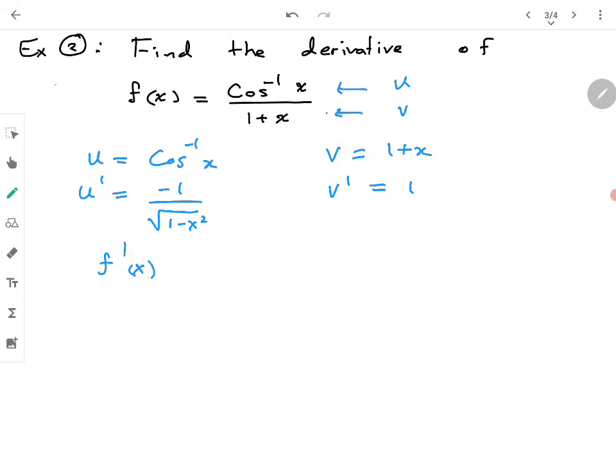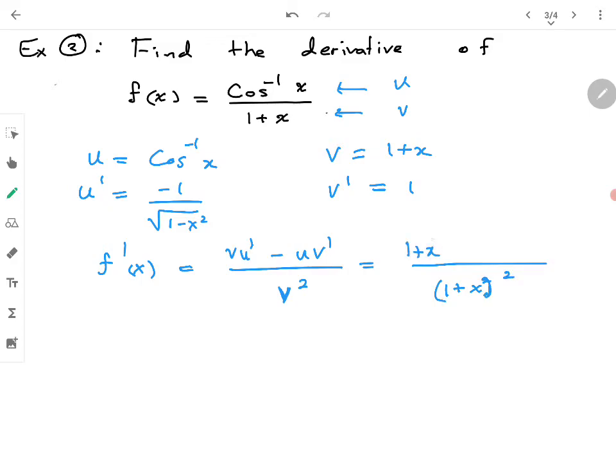Then the derivative of f, using the quotient rule, is this one. The denominator is v squared, so 1 plus x squared.